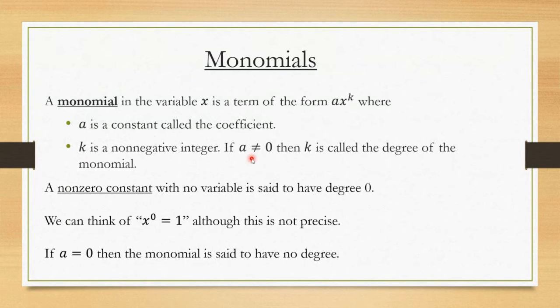But non-zero constants are monomials of degree 0. And if you have something like this, where the a is not 0, the exponent of x is the degree. Again, if the coefficient is 1, we don't write it. So if you don't see a coefficient, it's understood to be 1.